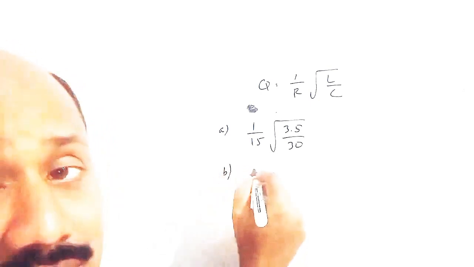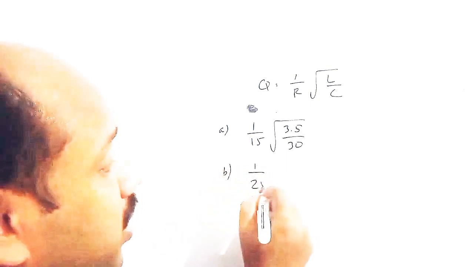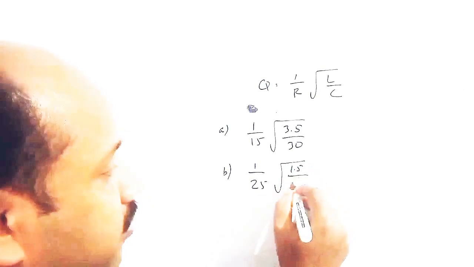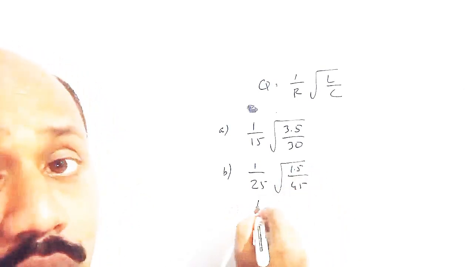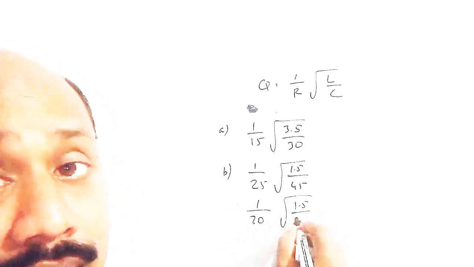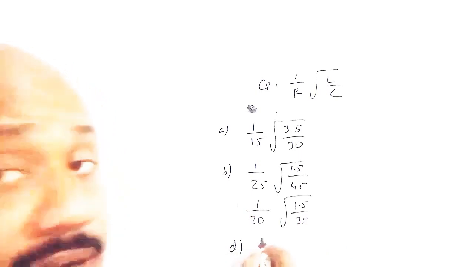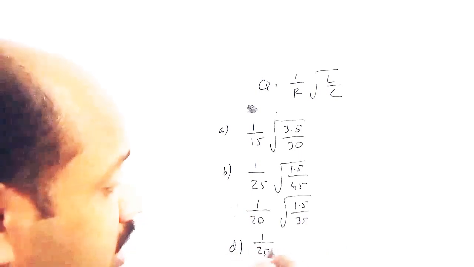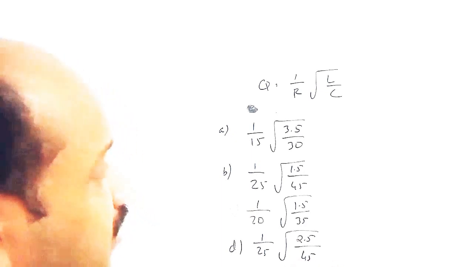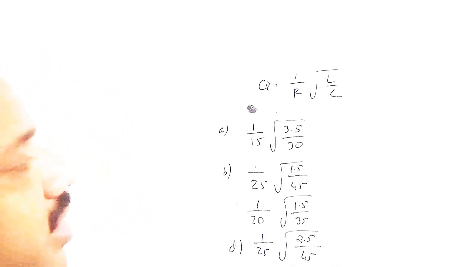Next one, B choice, it is 1 by 25 root 1.5 divided by 45. C choice, 1 by 20 root 1.5 divided by 35. D choice, 1 by 25 root 2.5 divided by 45. We need better quality factor.